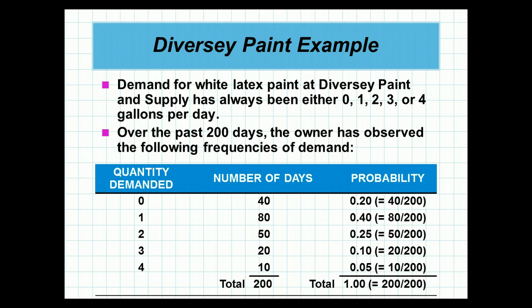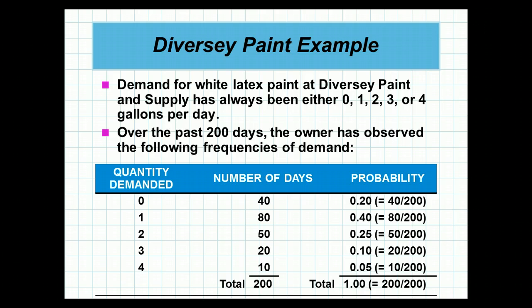And so we could take those 200 days and develop a probability of the number of cans that will be demanded on any given day. So what we've done is we take the number of days that a certain quantity was demanded. For example, there was 0 quantity demanded on 40 different days out of 200 total days.